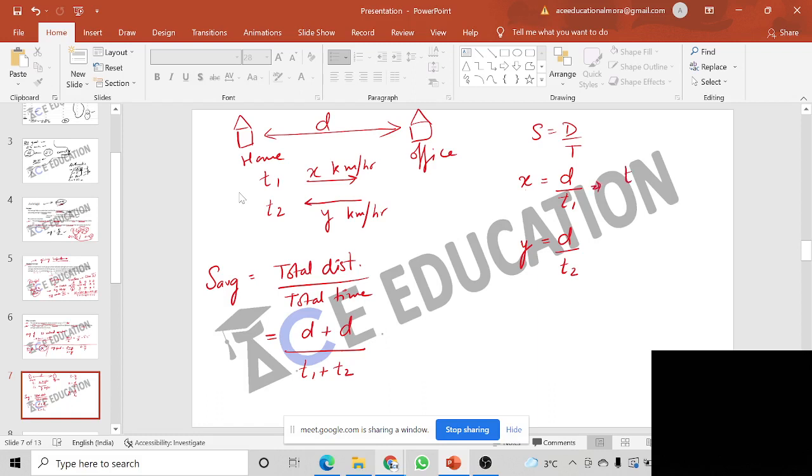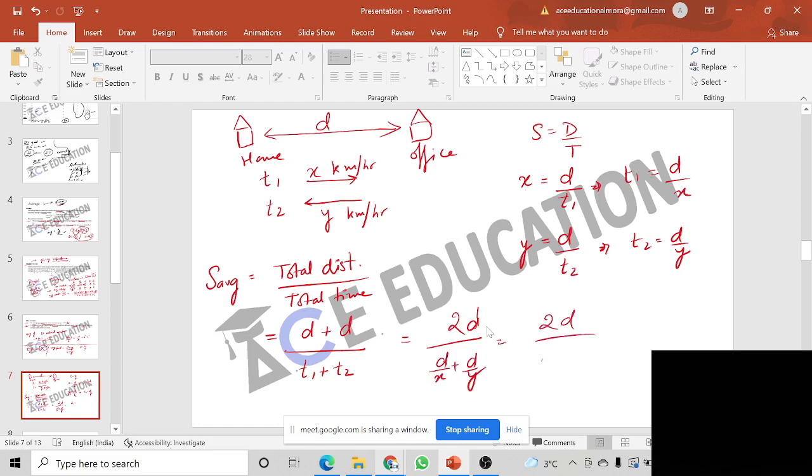From here I can say t1 would be d upon x, and t2 would be d upon y. So when I put all of these things and solve it, I get 2d upon (d upon x plus d upon y).